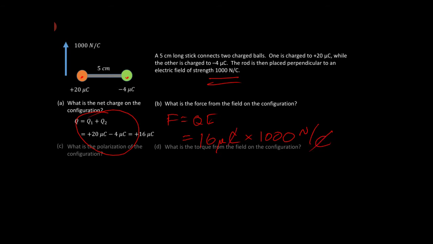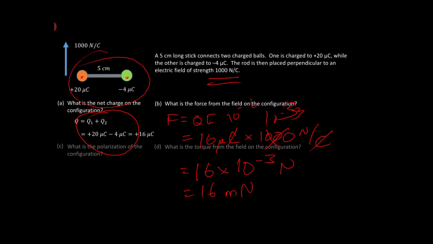This is 10 to the minus 6, this is 10 to the third. So that gives us 16 times 10 to the minus 3 newtons, or 16 millinewtons. So not a lot of force on this guy right here.